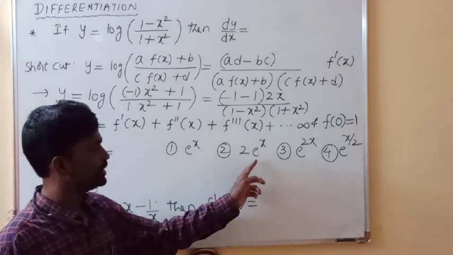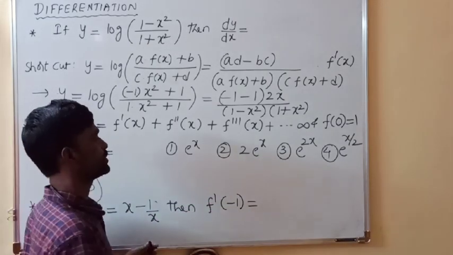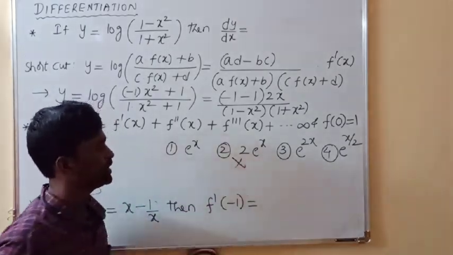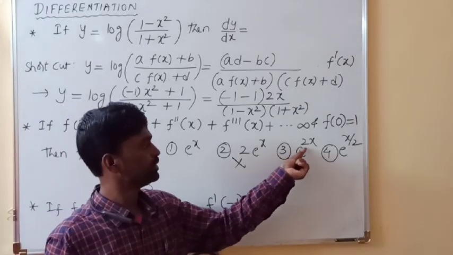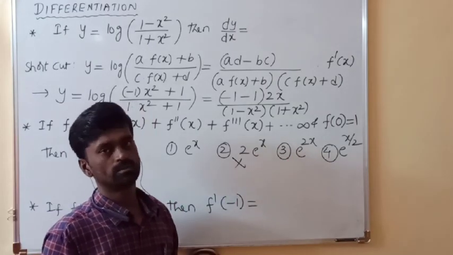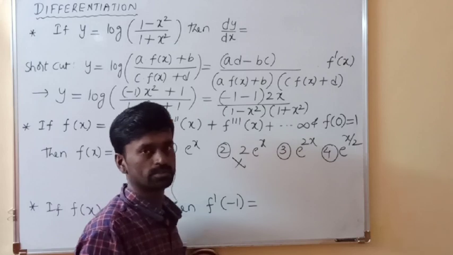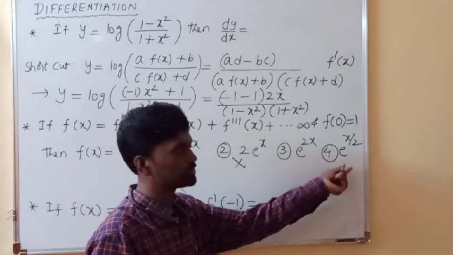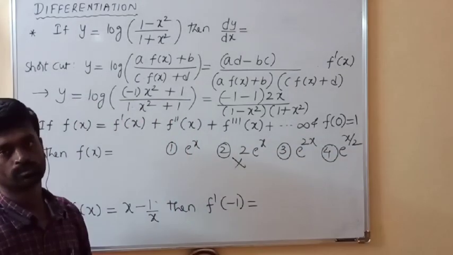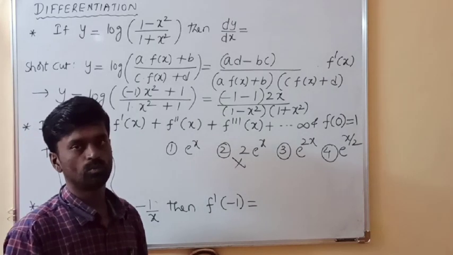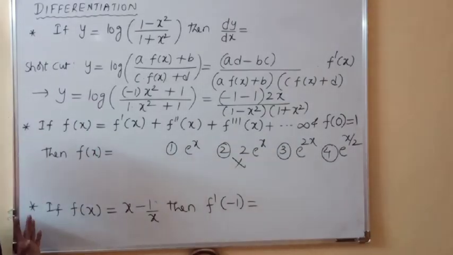But here you get 2 into e power 0, which is 2, so this option is wrong. Next, e power 2 into 0 is e power 0, which is 1, so maybe that is also correct. Next, the fourth option, e power 0 by 2, is e power 0, again 1. So clearly the second option is wrong.